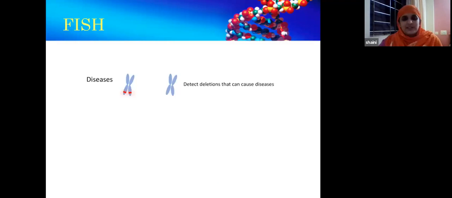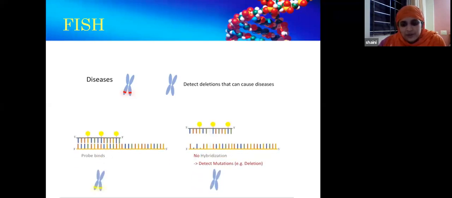Again, FISH is basically used more than tissues. It is used to identify chromosomal abnormalities. This is another example. It can easily detect deletions. This is a normal DNA sequence. When we put a probe against that normal DNA sequence, the probe will come and bind.